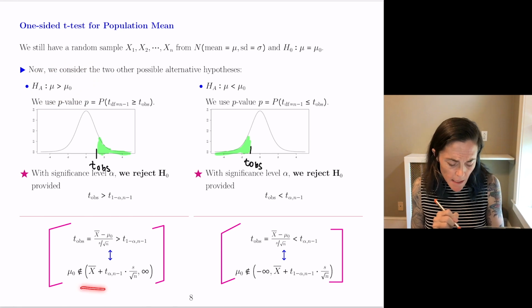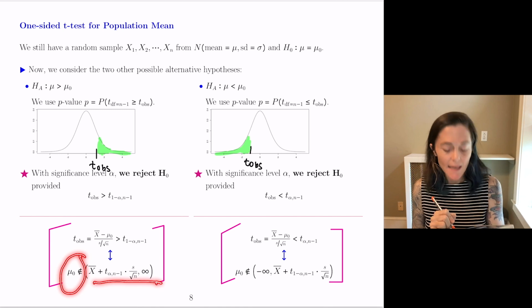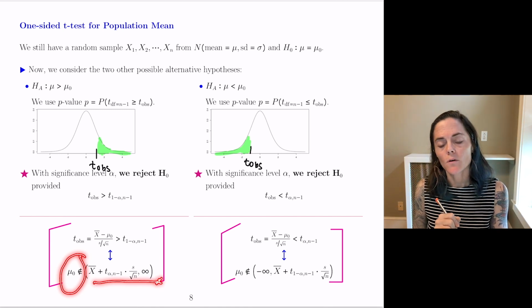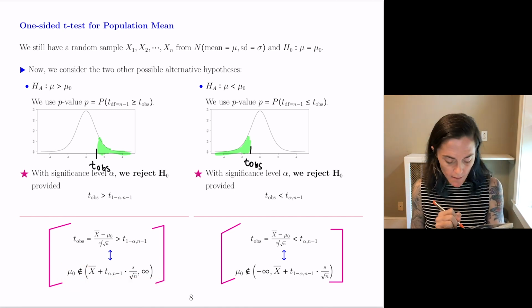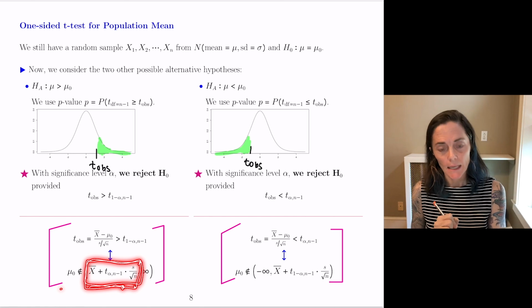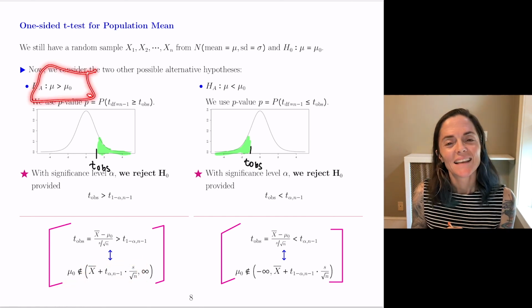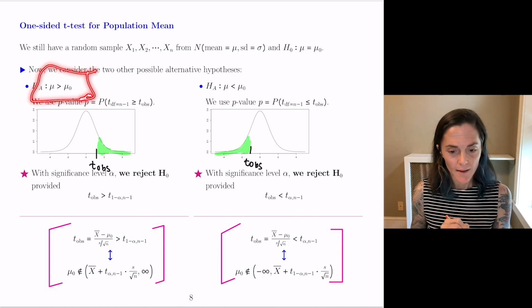Why would this make sense for a confidence interval? Well, this mu zero is not in this one-sided confidence interval. That would say, in this case, mu zero is less than this number. So if this number gives us a lower bound on the mean and mu zero is less than that, you see, this is really what our alternative hypothesis is saying.